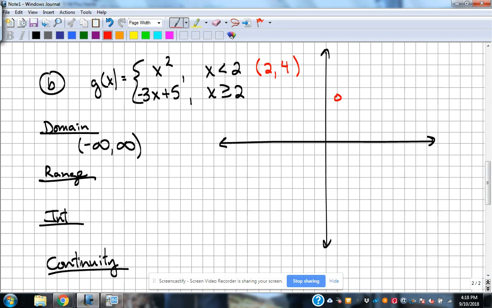All right. Now it says for everything where x is less than 2, so that's going to be this direction, it looks like x squared. So I'm going to plug in some x values that are less than 2 and get the picture of the graph. There's (2, 4). Sorry, I plotted that point wrong. Got in a hurry there. If I plug in 1 for x, what's 1 squared? 1. So there would be that point.